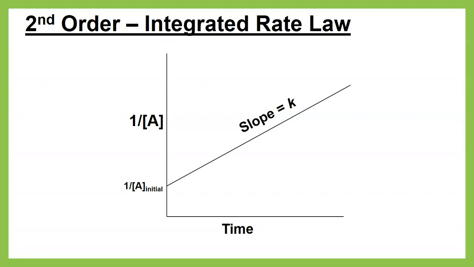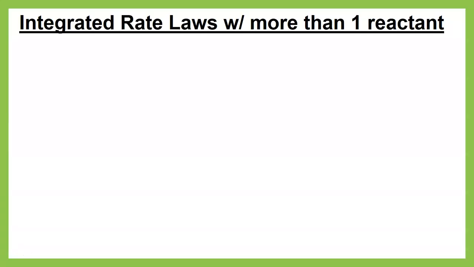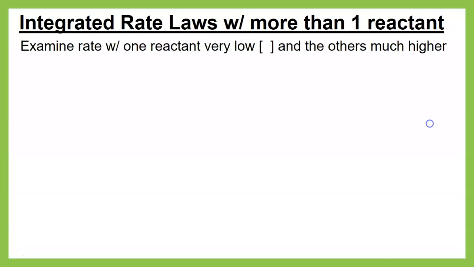There are more complicated scenarios where you have integrated rate laws with more than one reactant. And when you start getting really complicated things like this, they get really tricky really fast. So what we will often do is play a little game with our experiment, and try to essentially trick it into pretending it's more simple.